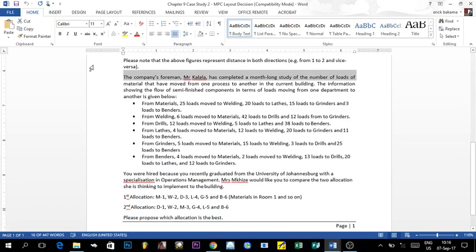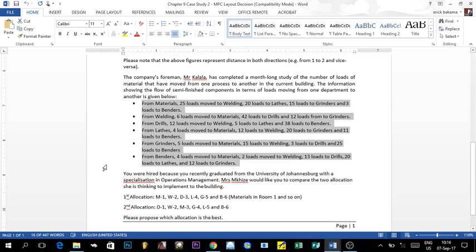So they tell us that they have 6 departments, and this is the load that is moving from one department to another. For example, the first one is from material. There are 25 load that move to welding, 20 that move to lathe, 15 that move to grinder, and 3 that move to the bender, and so on and so on.